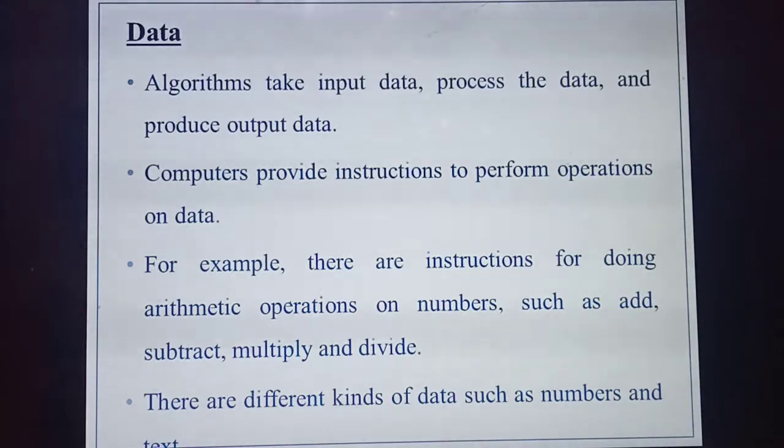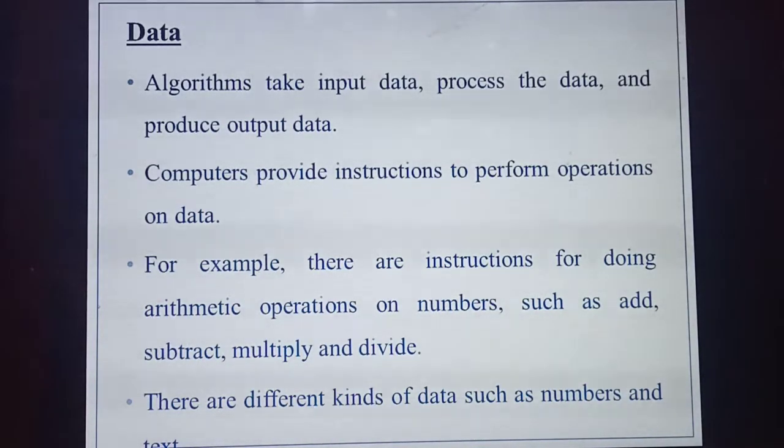For example, you are walking on the road and there is a traffic signal. Red color means you need to stop, isn't it? Likewise, you need to go straight, go left or turn right. A lot of instructions are there. Likewise, a computer also gives a lot of instructions.